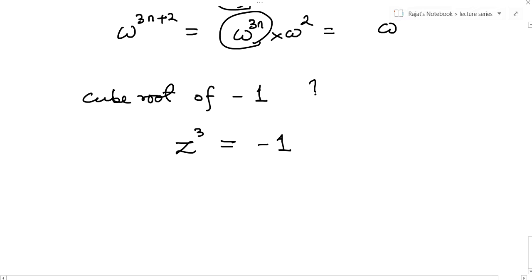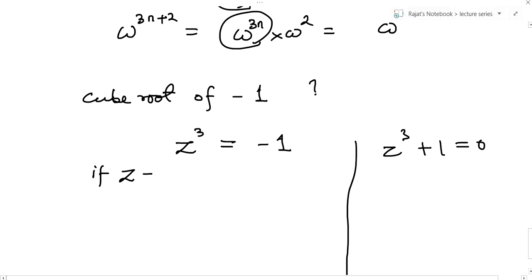One of the answers you can get intuitively. Obviously you can solve it by writing z cube plus 1 is equal to 0 and expanding it as a cube plus b cube. You will get a quadratic and a linear factor, and you can find the answer. But I am not doing that. You can try it. I am doing it by hit and trial method.